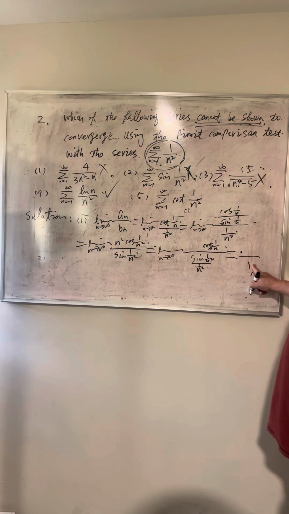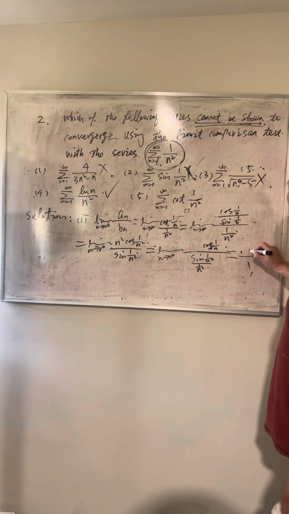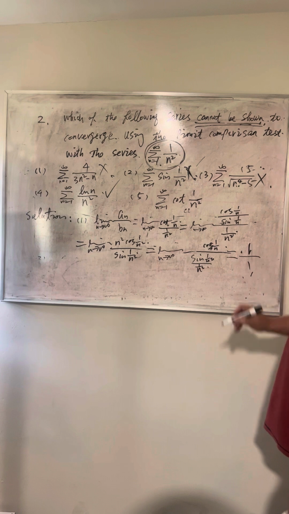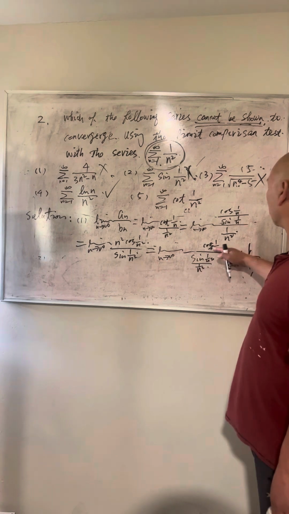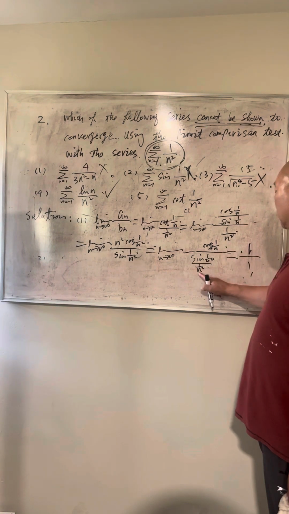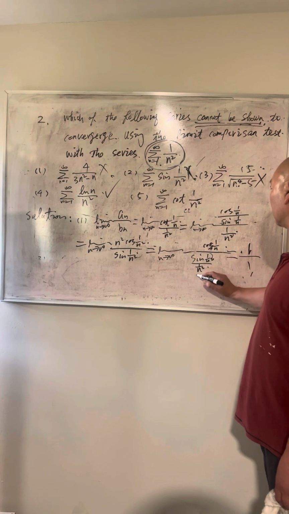It's 1, as n goes to infinity. As n approaches infinity, cosine of 0 is 1, and sin x over x approaching 0 is an important formula.